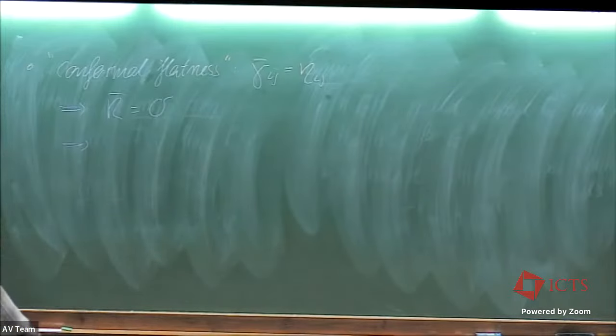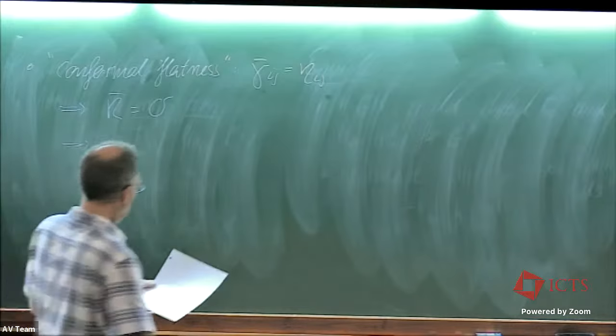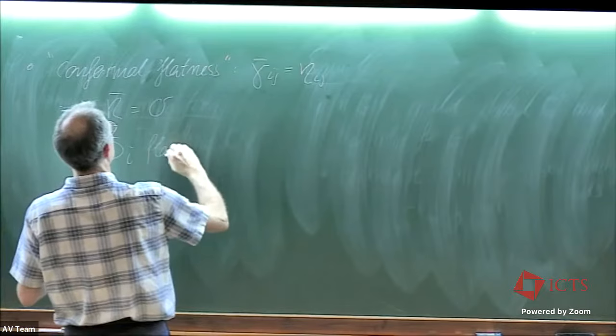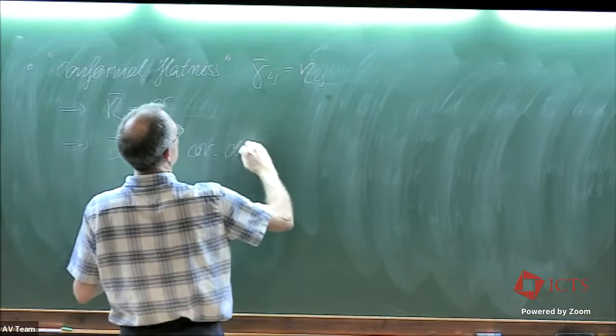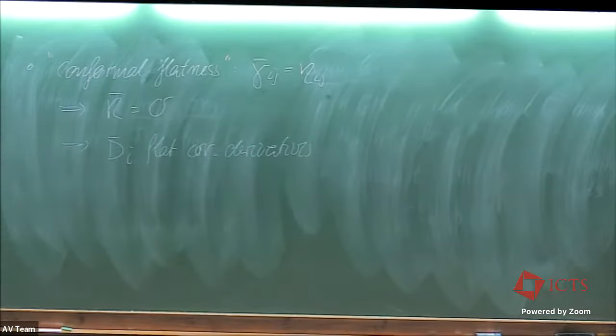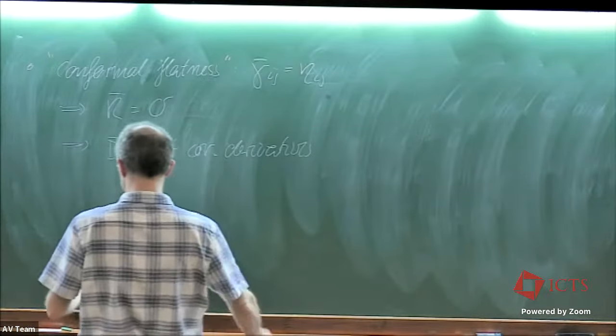In Cartesian coordinates, they're just partial derivatives, okay? So the DIs are flat covariant derivatives, okay? And in particular, this operator now becomes your garden variety Laplace operator. You could express it in Cartesian coordinates or spherical polar coordinates, I don't care, but it's just the Laplace operator that you would look up in any textbook on E&M or whatever, okay?